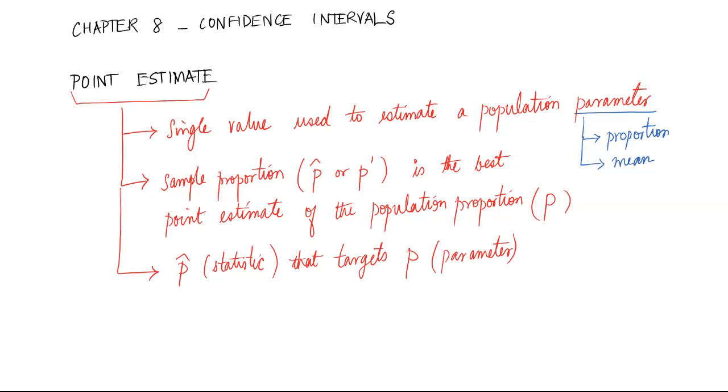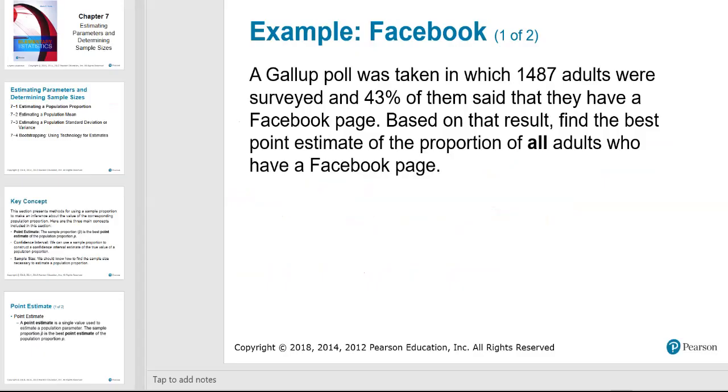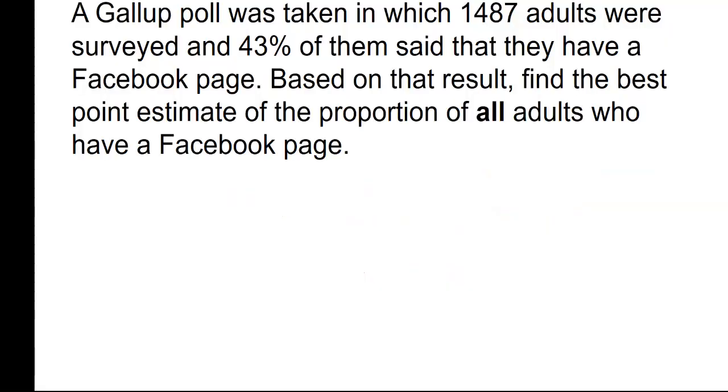So I'll give you an example here. So I'd like to go to the slide. A Gallup poll was taken in which 1,487 adults were surveyed, and 43% of them said that they have a Facebook page. Based on that result, find the best point estimate of the proportion of all adults who have a Facebook page.